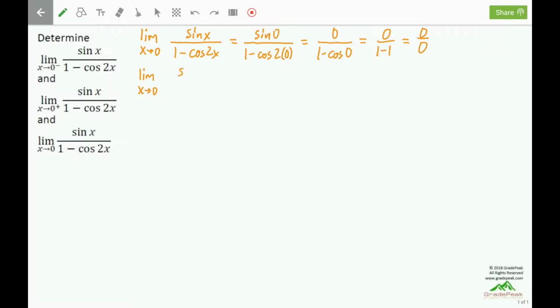So the limit of sine of x divided by 1 minus, and in place of cosine 2x, 1 minus 2 sine squared x.